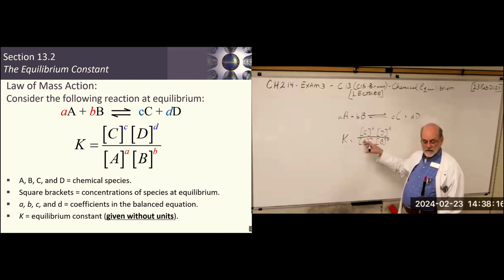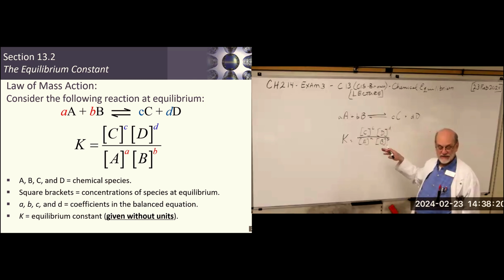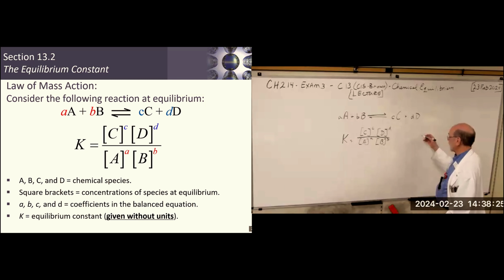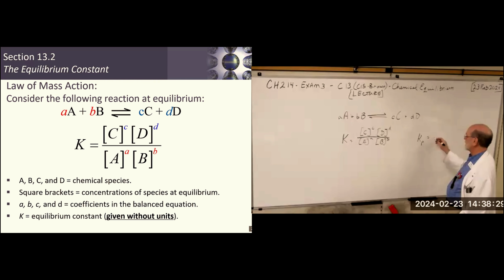Were they molarity? You could also use partial pressures if the reactants and products are all gases. And then we would write the expression K in terms of partial pressure as the pressure of C to the C power, and the pressure of D to the D power, over the pressure of A to the A power, and the pressure of B to the B power.